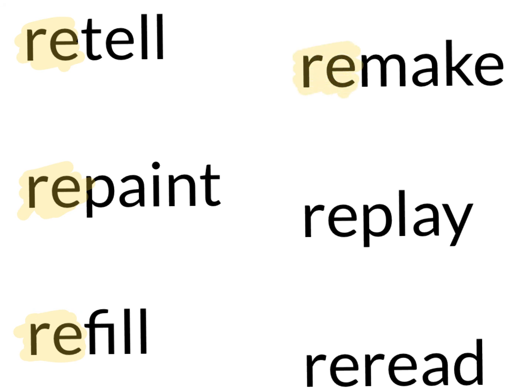Remake, so to make again. So maybe if you made some artwork and you really liked it, you want to remake it, so you have a second one. Replay, to play it again. And reread, another one we're familiar with, to read again.